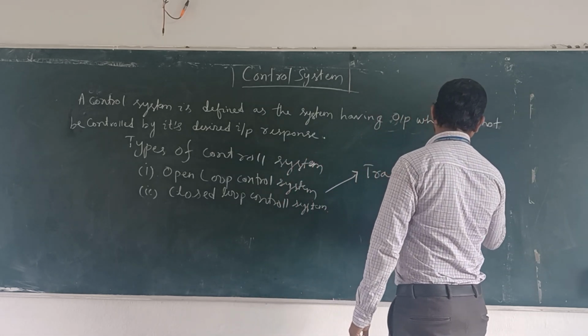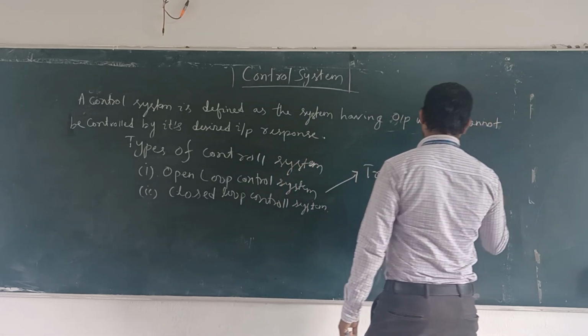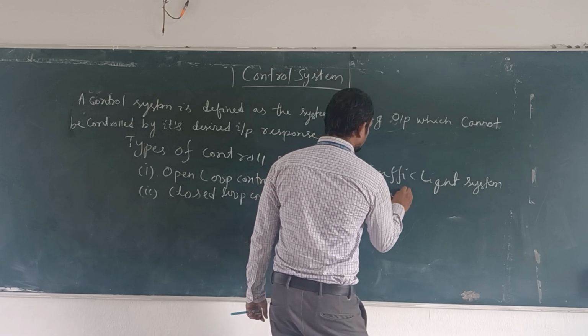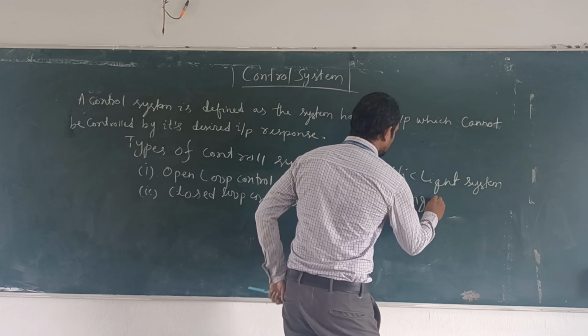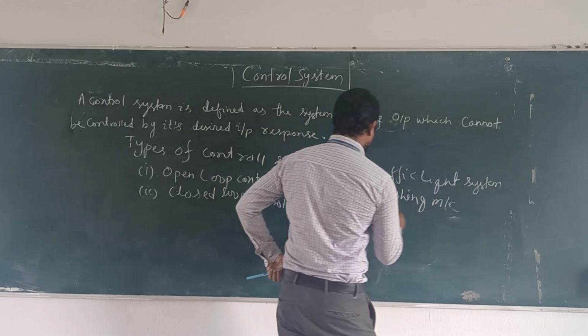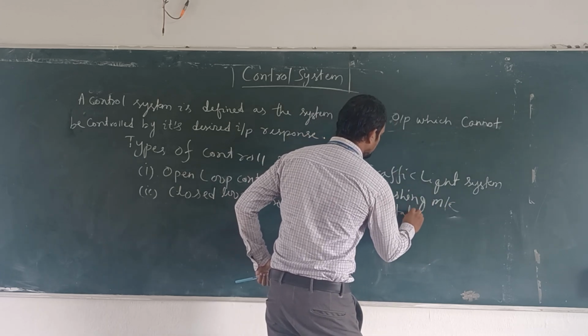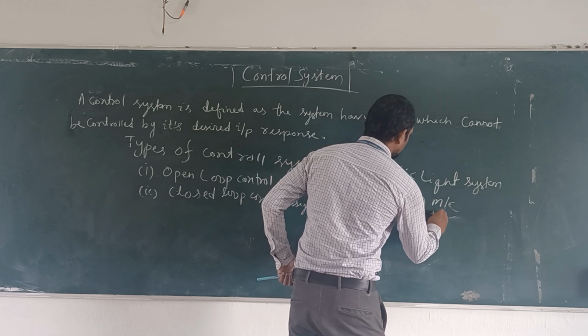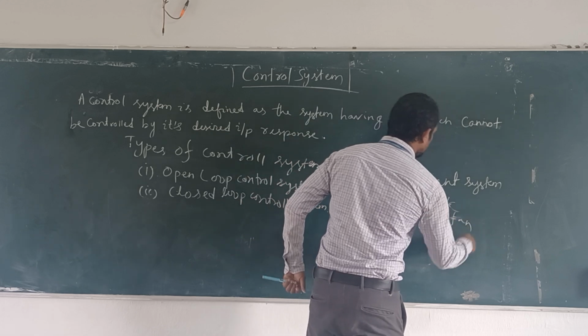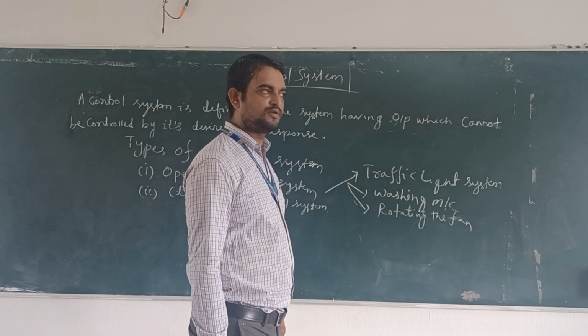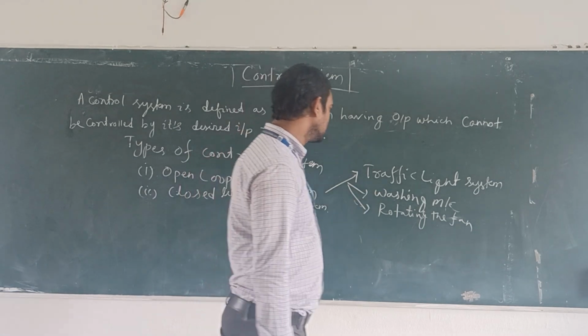Another is running the washing machine, and rotating the fan. These are the best daily use examples of open loop control system.